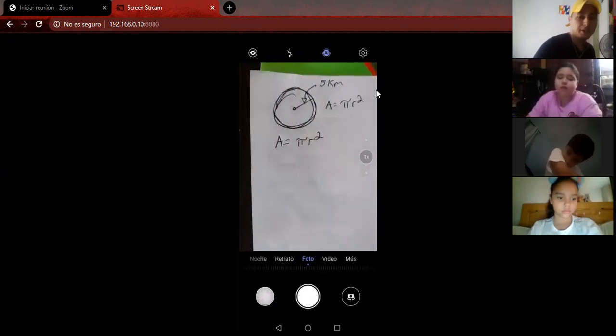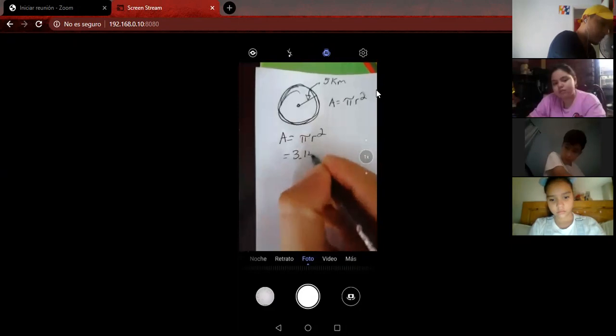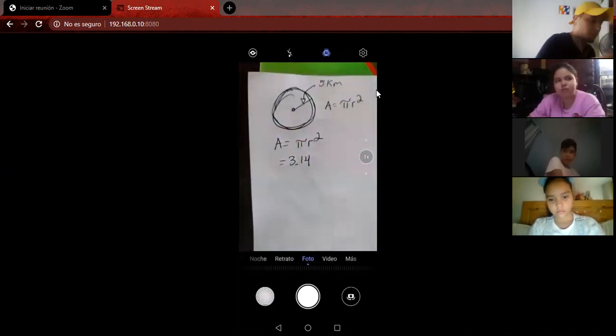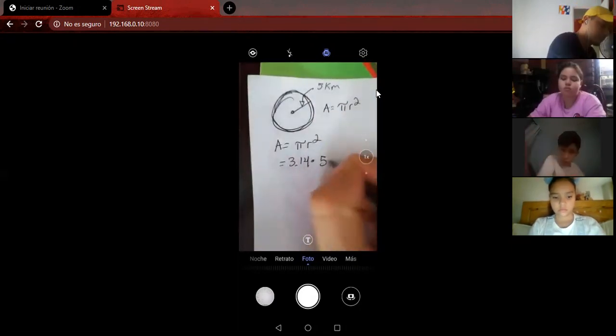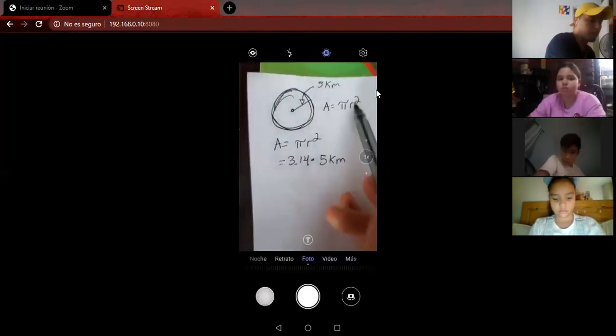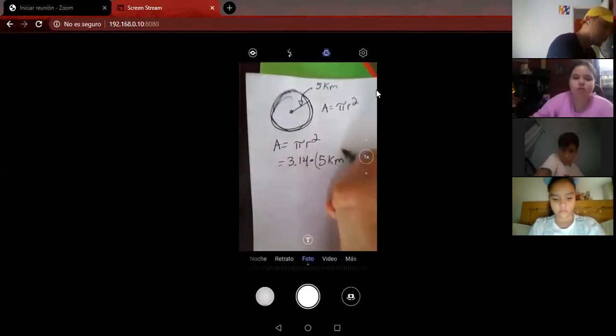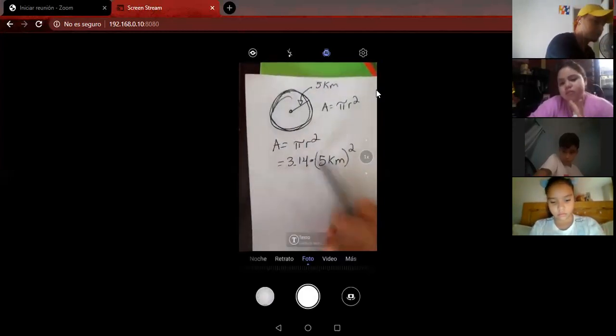Now, how much is pi? 3.14 times, how much is my radius? 5 kilometers, pero tengo que elevarlo todo esto al qué? A 2. To the second power. How much is 5 to the second power?